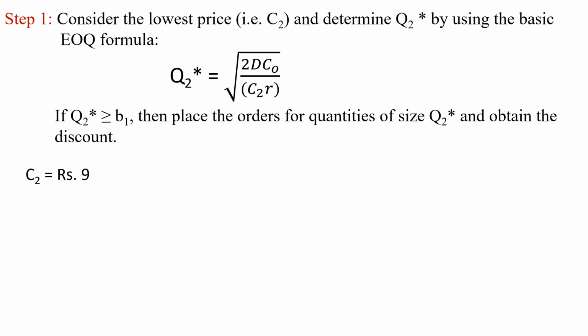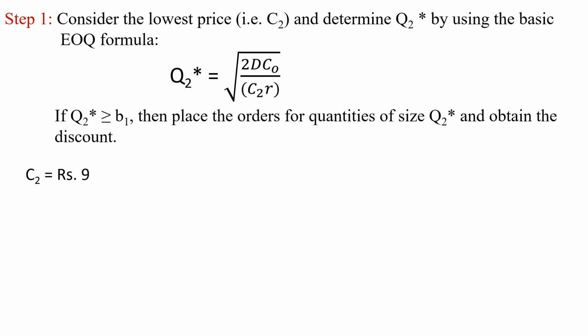Let's solve the problem. Step 1 is to consider the lowest price. Here the lowest price is 9 rupees, and determine Q2 star using the EOQ formula, that is Q2 star equals the root of 2 D C0 by C2 into small r.